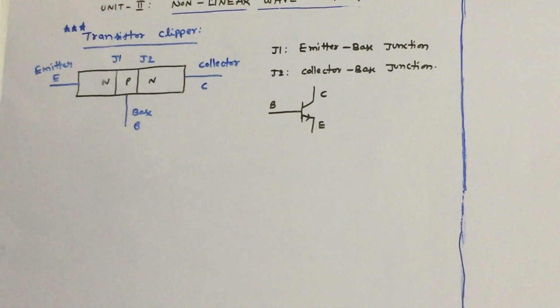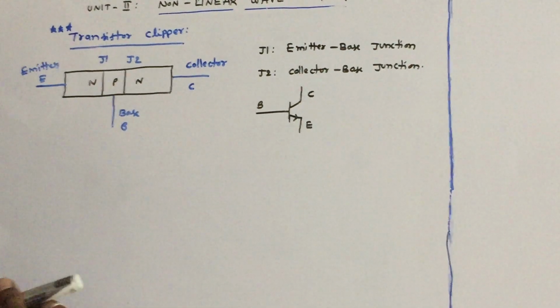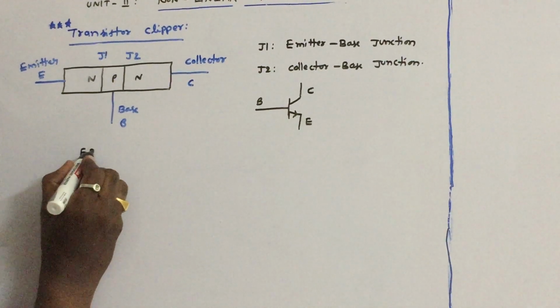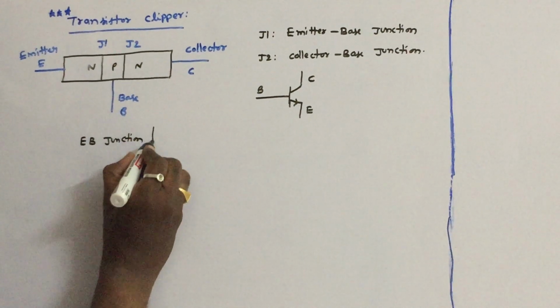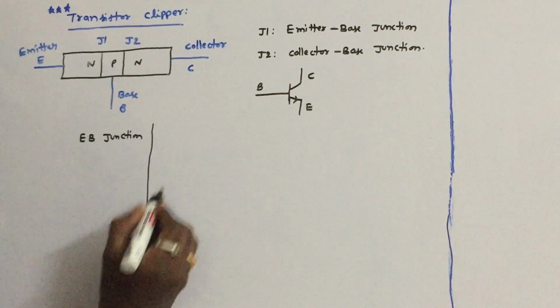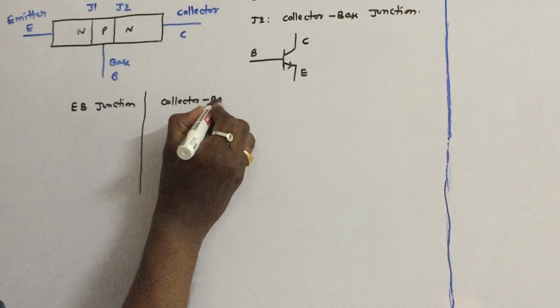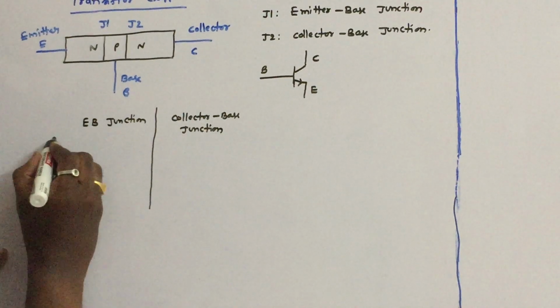Let us see the conditions of these two junctions. Let us take three columns. One column is the emitter base junction, and the other column is the collector base junction, the CB junction.